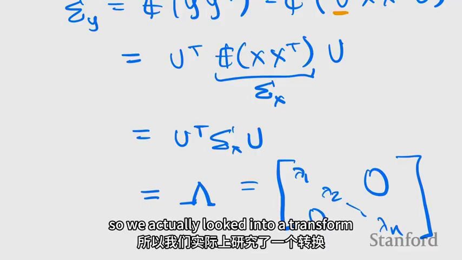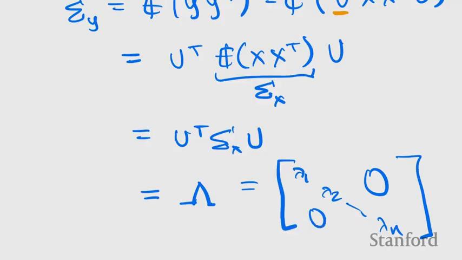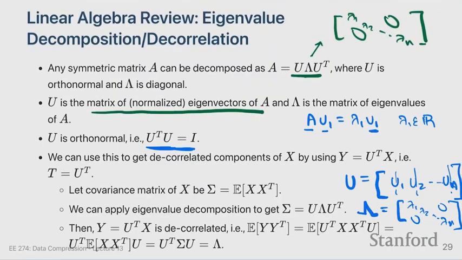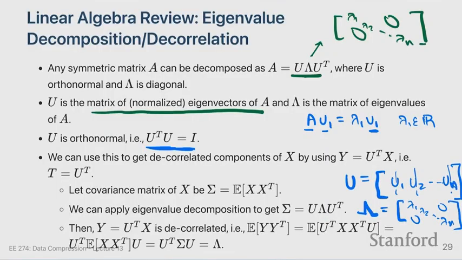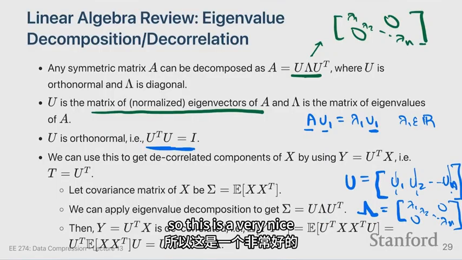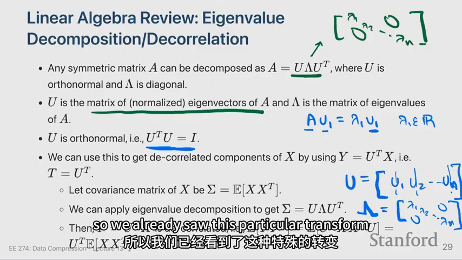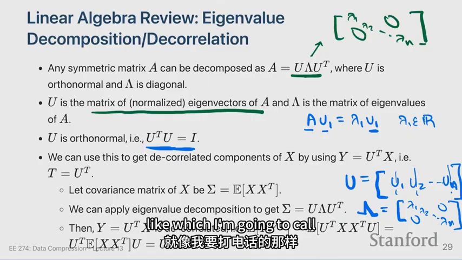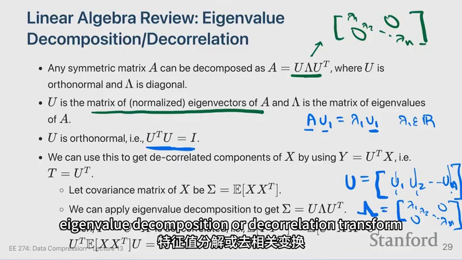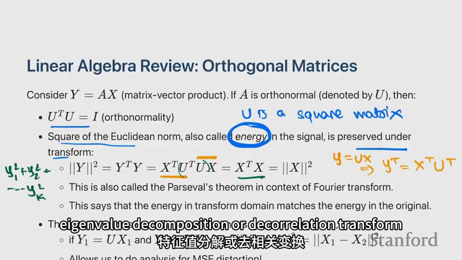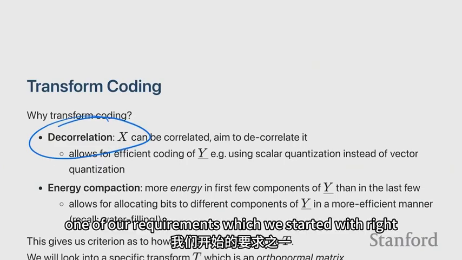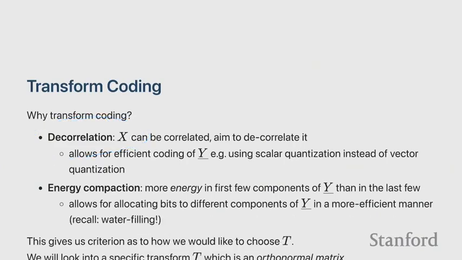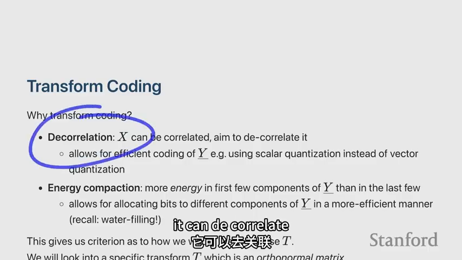So we actually looked into a transform which completely decorrelates. This is very nice. We already saw this particular transform, which I'm going to call the eigenvalue decomposition or decorrelation transform. It already clearly satisfies one of our requirements which we started with, which is that it can decorrelate.